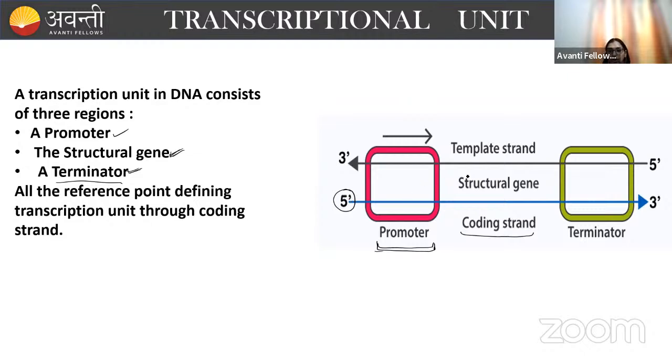So that is the position or the location of the promoter. Similarly, for the terminator, we say that the terminator is present downstream. So this is downstream. So the terminator is present at the 3' end, downstream of the structural gene. Okay. Remember this, that we are defining the position of promoter and terminator with respect to the polarity of the coding strand. Okay.